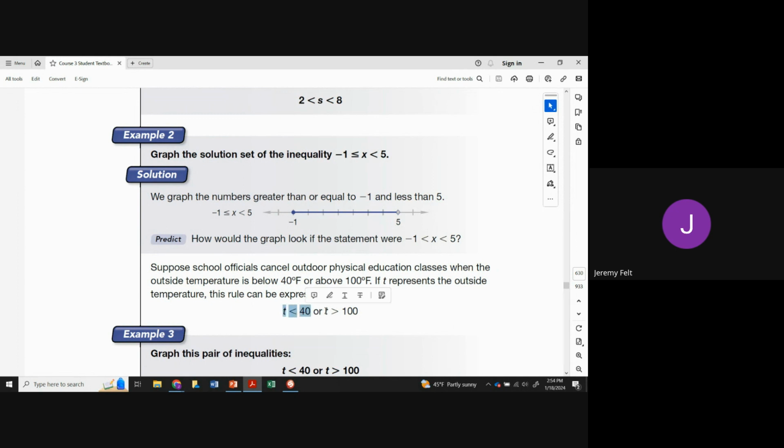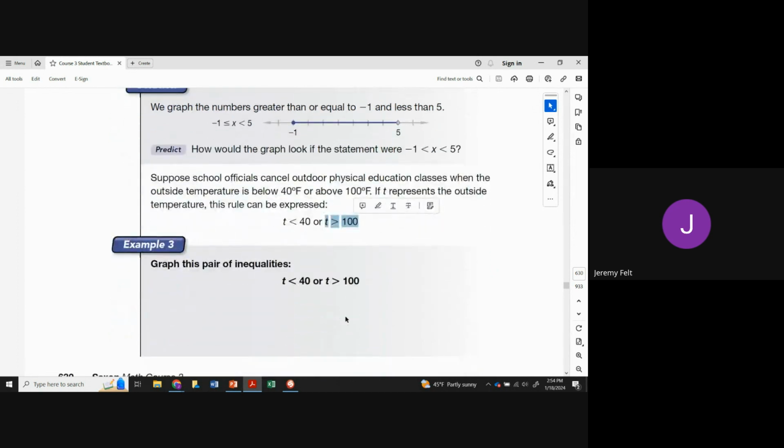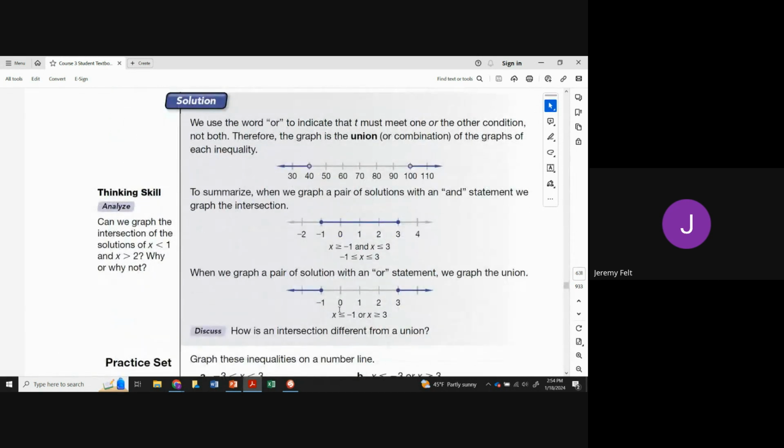If the temperature is less than 40, or if the temperature is greater than 100, we would graph that on the number line. So we would have 40 open circle and going to the left. Obviously, if it's 30, 20, 10, 0, -10, -20, whatever, that's less than 40, so we're going to cancel.